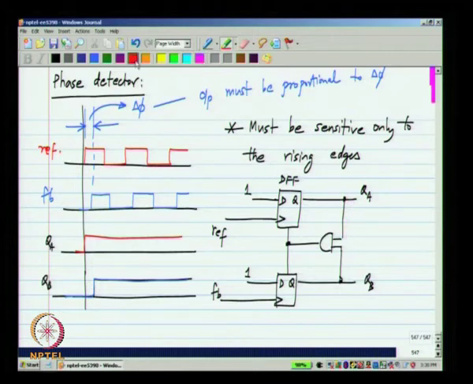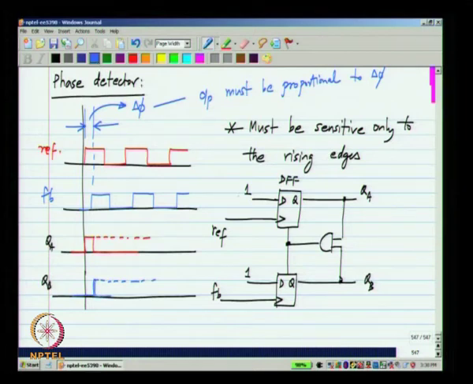So, what really happens is it will not continue off like that. If you did not do anything it would do that, and here again if you did not do anything it would do that. Now, what happens is as soon as QB goes up both of them will get reset, and this does that, and this one does that.